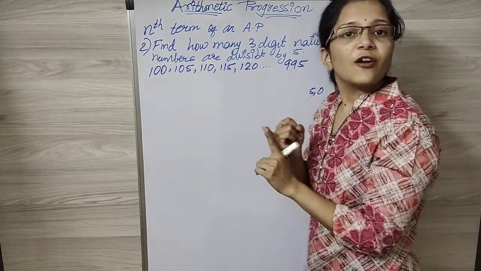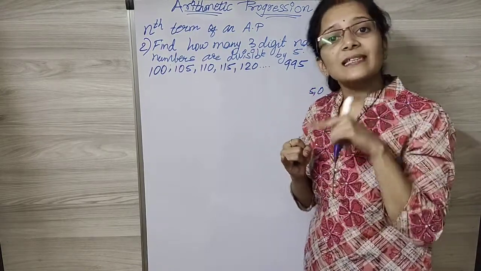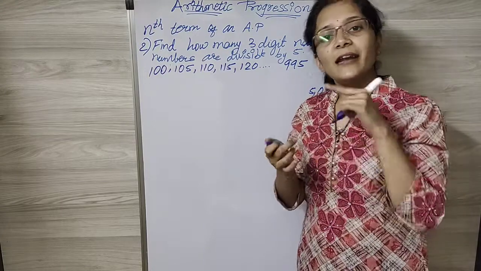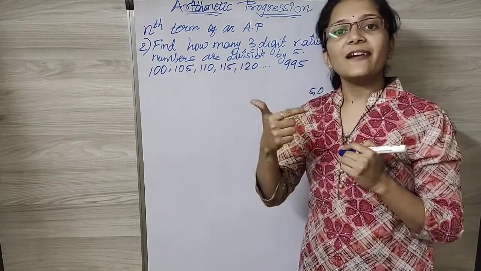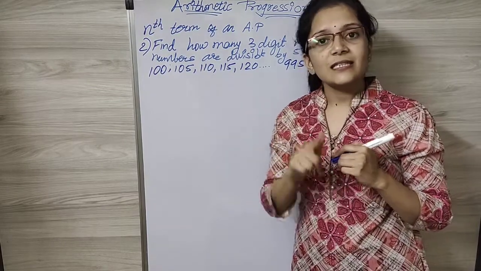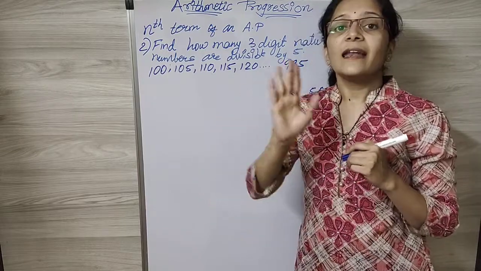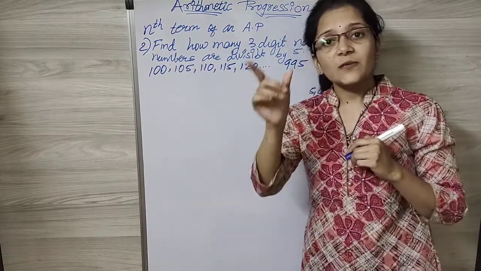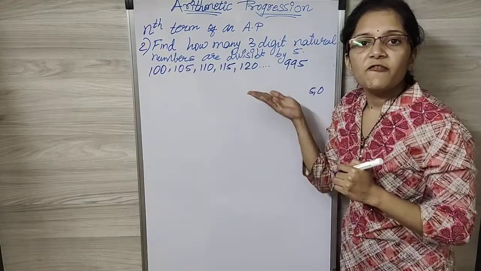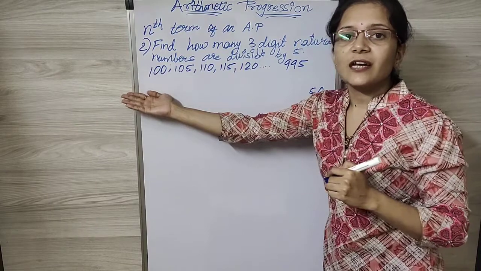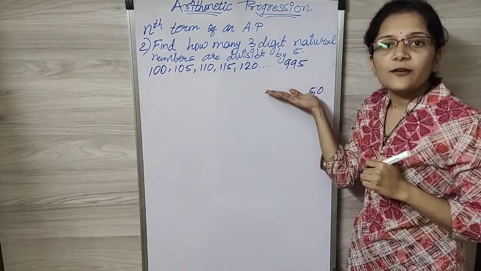Because 999 not possible, 998 not possible because the last digit is 8, 997 last digit is 7, not possible, 996 last digit is 6, not possible. 995, the ones place is 5, so obviously it is divisible by 5. Starting from 100, the first 3-digit number, and ending at 995, right?